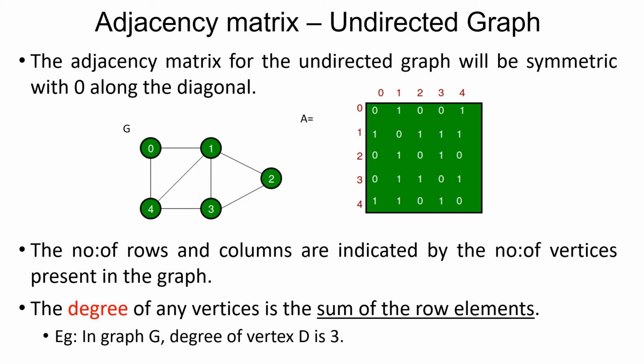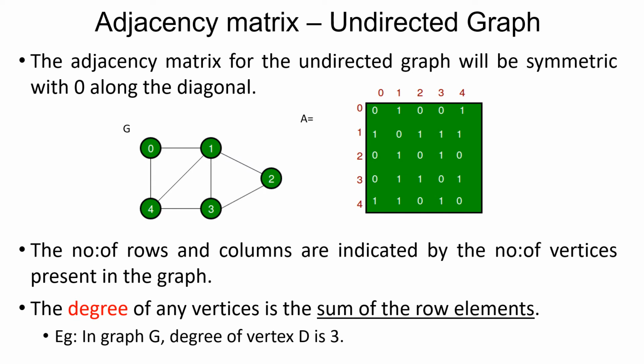The matrix element A42 will be equal to 0, as there is no direct edge connecting vertex 4 to vertex 2. The adjacency matrix for an undirected graph will be a symmetric matrix with zeros along the diagonal.